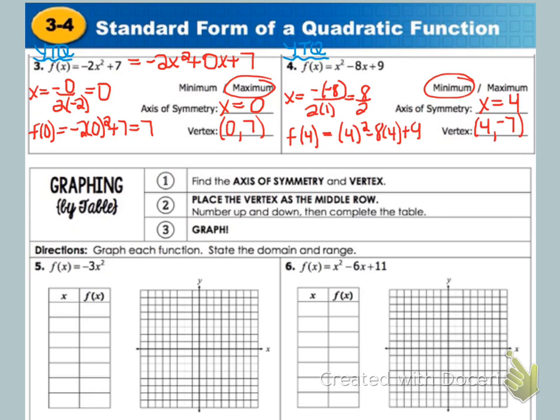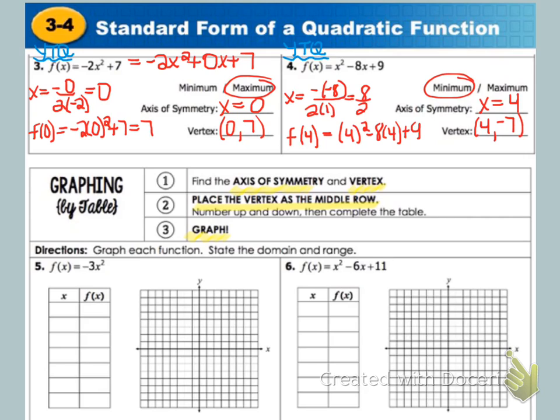Secondly, we're going to place the vertex as the middle row in our table, and we can number up and down on either side of the vertex. And finally, we're going to graph it.